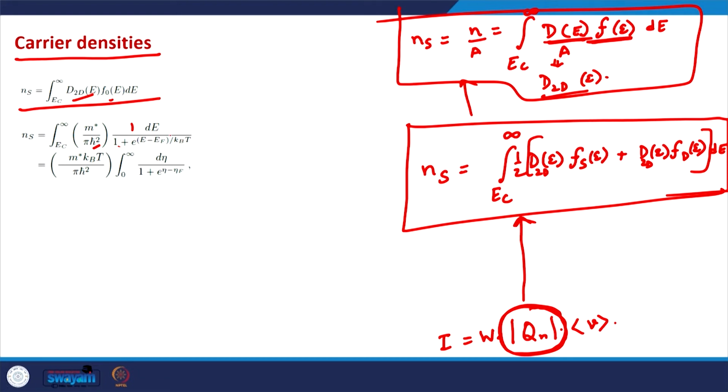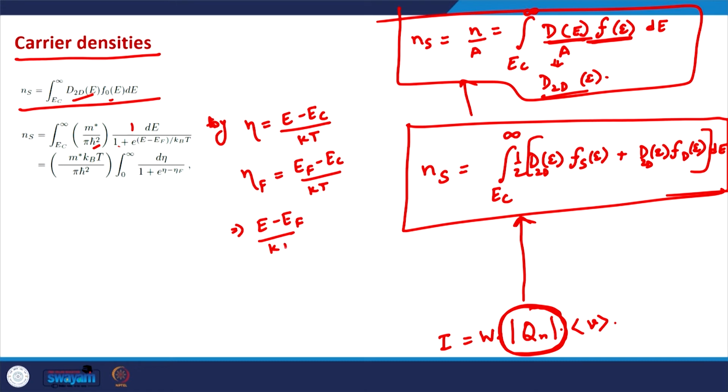Now, this integral is again transformed into a Fermi-Dirac integral by replacing the variables: eta is defined as E minus Ec by kT and eta f is defined as Ef minus Ec by kT. Which means that E minus Ef by kT is actually eta minus eta f, and this is the exponent in the Fermi function.